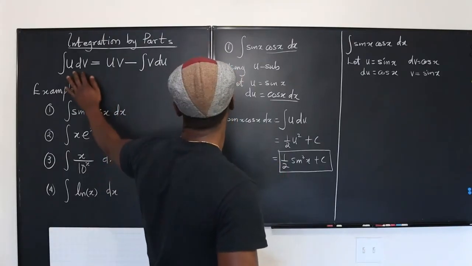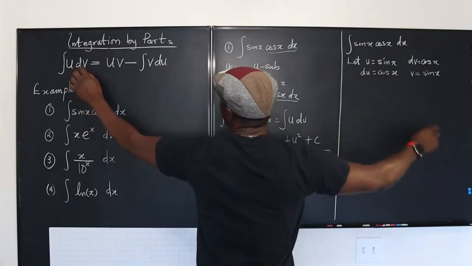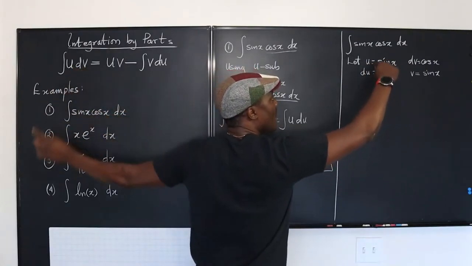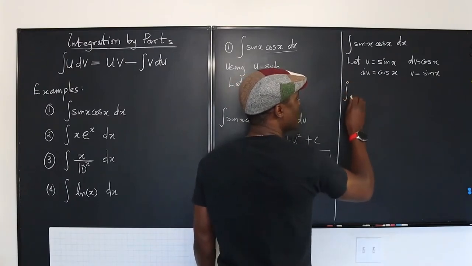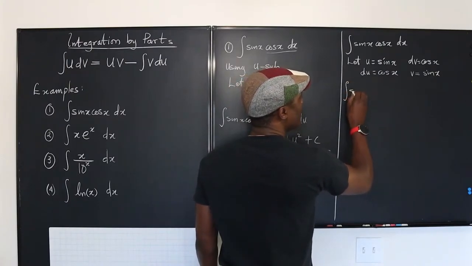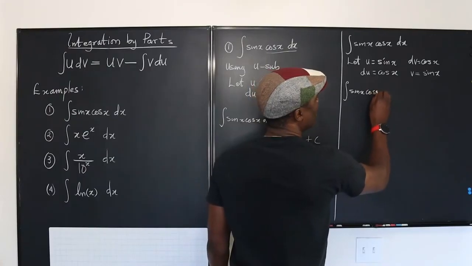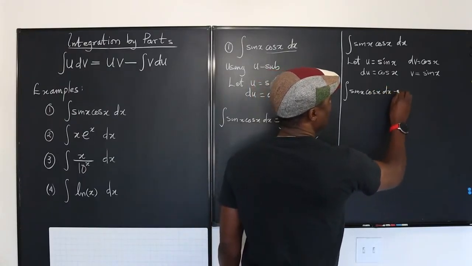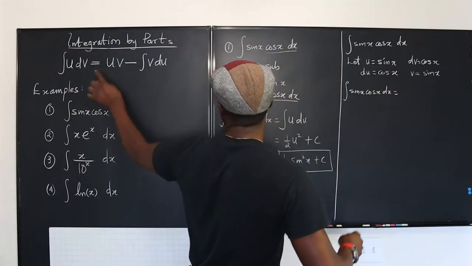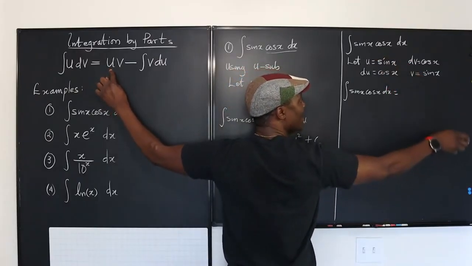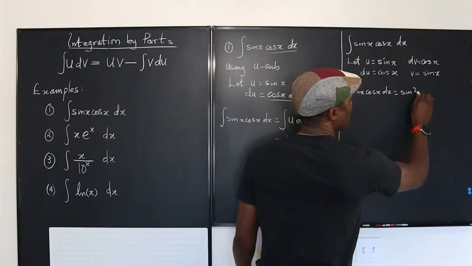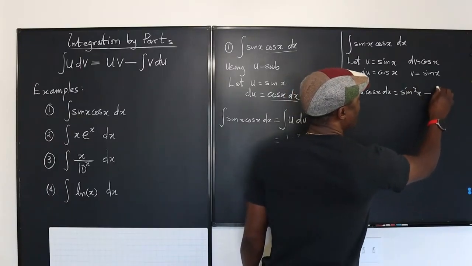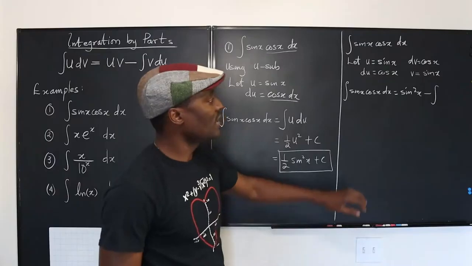So the formula says the integral of u dv, which is the problem that we have, will be uv minus the integral of v du. So we can say the integral of sine x cosine x dx is equal to uv. Look at that, uv. That's sine x times sine x, that's sine squared x, minus an integral. And what's the integral?